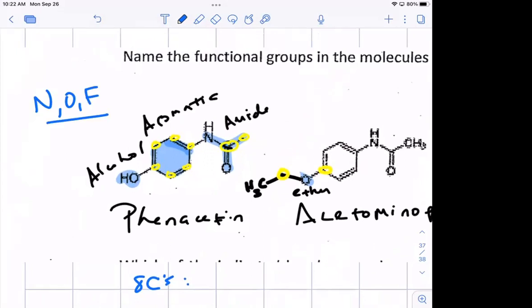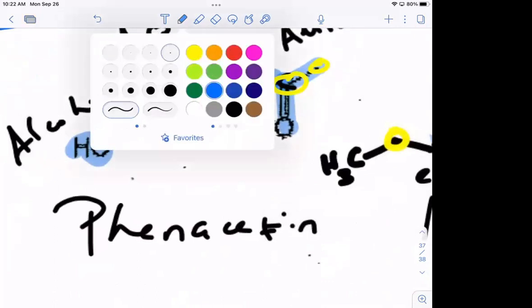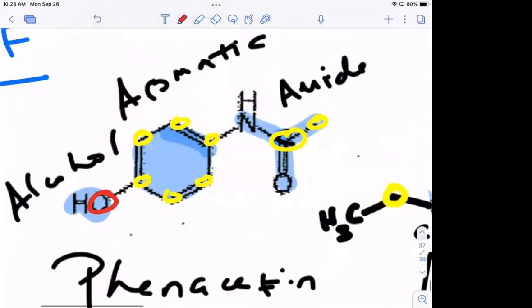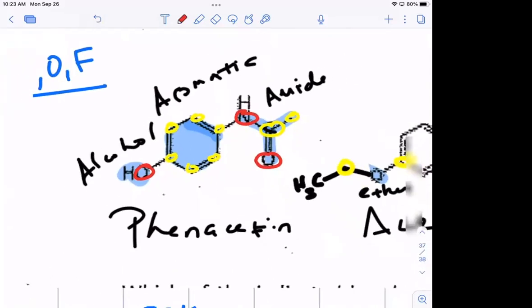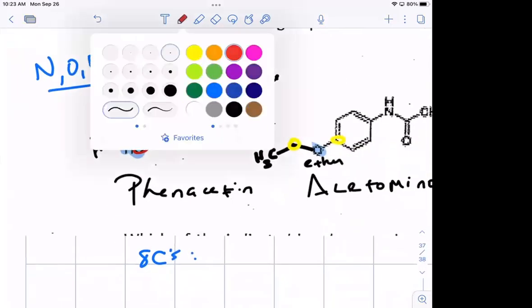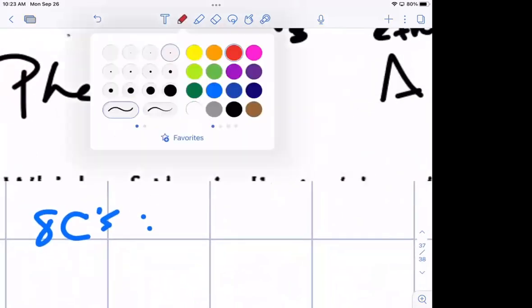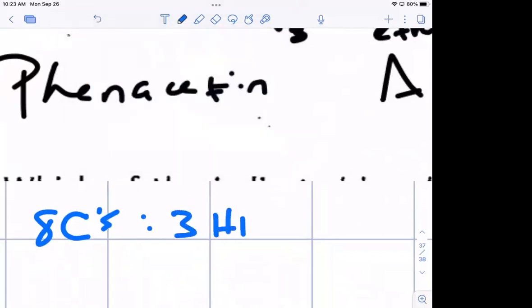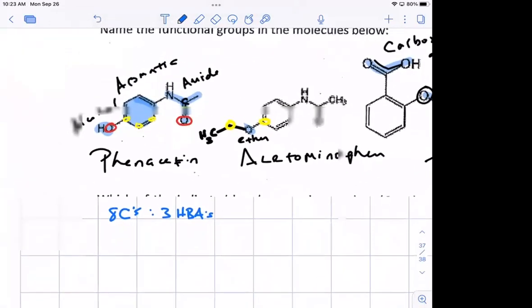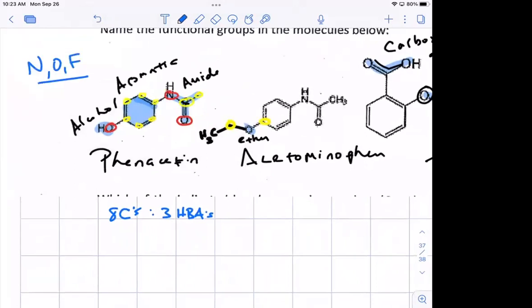If we need 1 for 5 carbons, once we pass 5, 2. Right, we've got to add another hydrogen bond now. So we need at least 2, right? So we have here 1 oxygen, 2 oxygens, and then a nitrogen. I'm just going to call those hydrogen bonding atoms instead of listing them separately. So we've got 8 carbons and we have 3 hydrogen bonding atoms. Is that right? So would you say that phenacetin is soluble in water or insoluble in water?